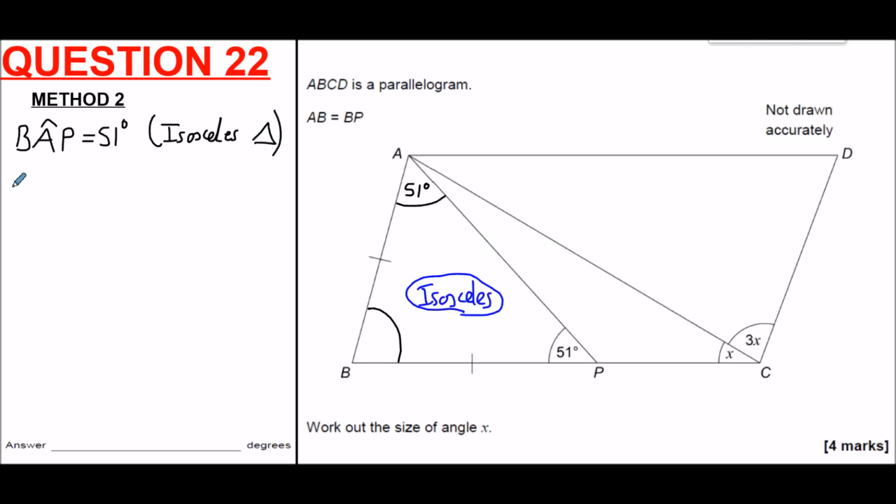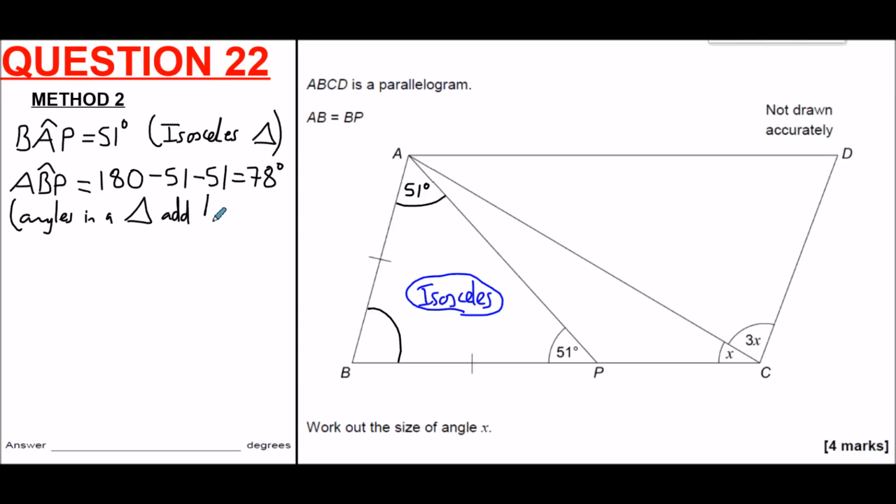Therefore, angle ABP we can work out because angles inside a triangle add up to 180. So angle ABP will be 180 take away the two angles we now know. So take away 51, take away 51 gives us 78 degrees. Angles in a triangle add to 180. That's the angle fact we've used there.